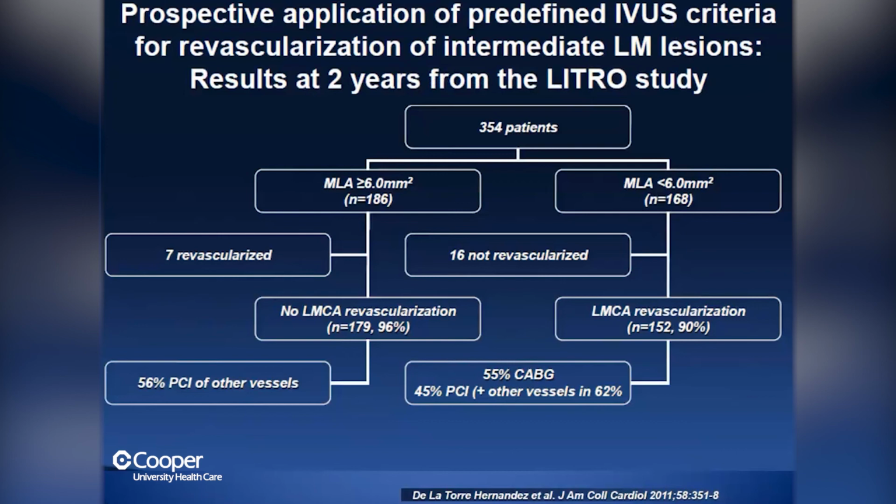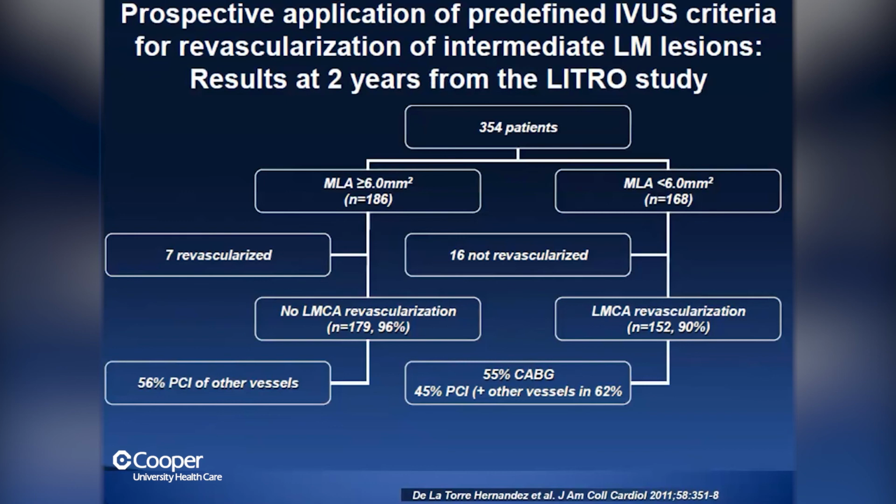A more important trial to be aware of in the assessment of the left main is the IVUS trial. It's a Spanish trial performed in Spain. It's called the LITRO trial. It has been the standard for our assessment. The number to remember in terms of the left main assessment is 6 square millimeters.